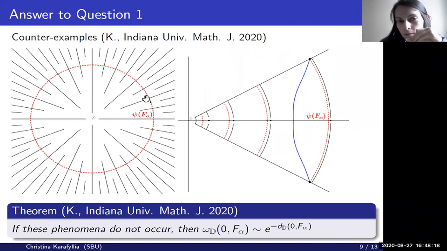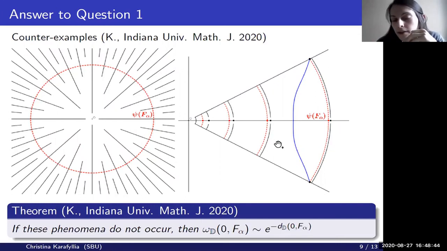In this example, the number of components of psi f alpha tends to infinity as alpha tends to infinity, because the domain has more slits as alpha tends to infinity. So the number of these components, when we consider this circle, increases. That's the reason for which the answer is negative.